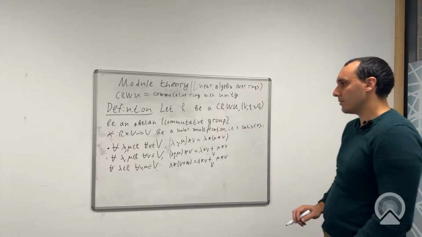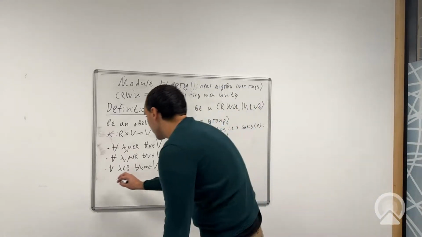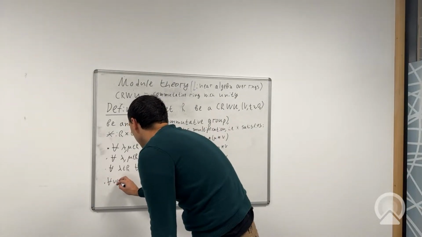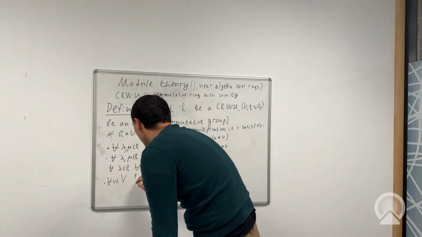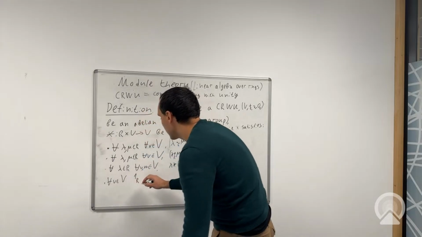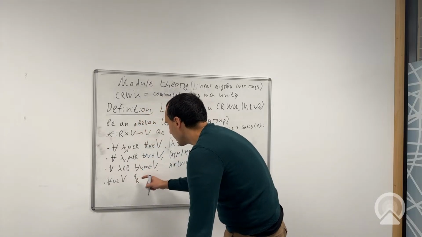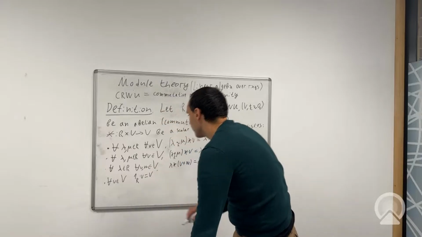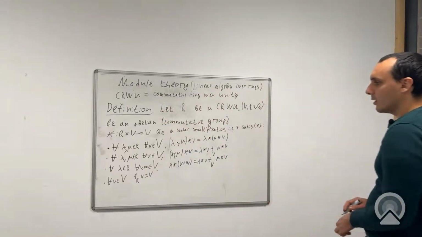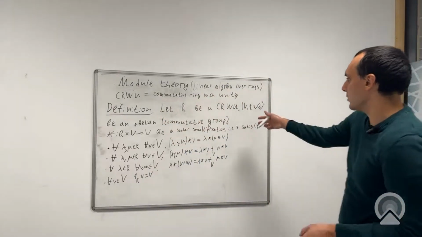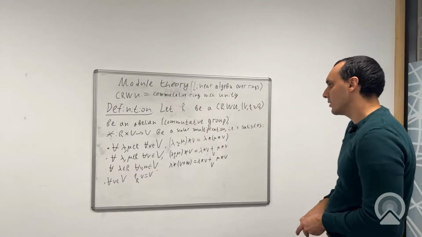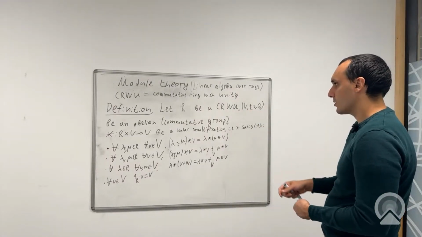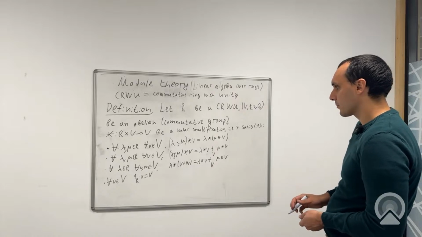And finally, we have the unit condition: for all V in V, the unit element 1 of R multiplied by V gives V. Now, all these axioms combined with the axioms for V give a natural way of doing operations on the module.